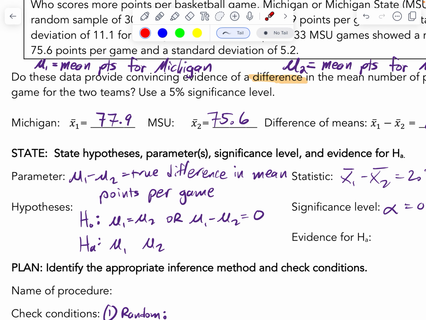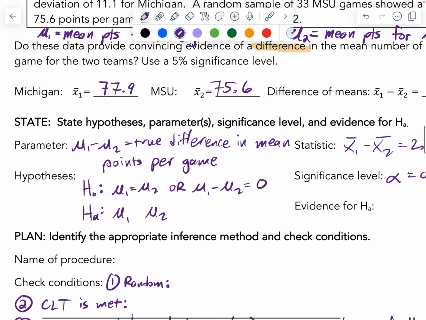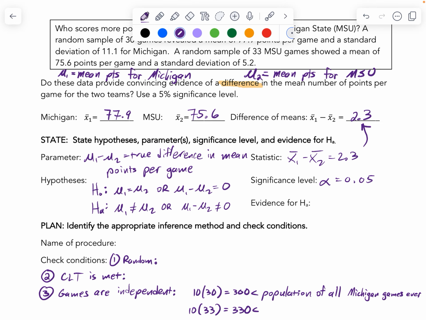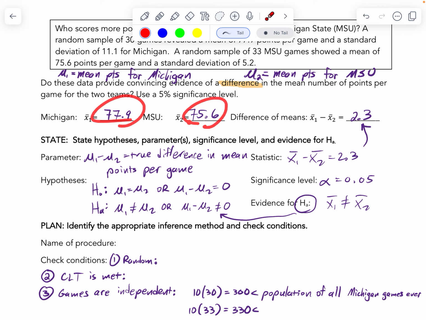It said, is there a difference? It didn't say, does Michigan score more? So I'm just going to say a difference. Or you could write mu1 minus mu2 doesn't equal 0. The evidence for my HA, like why I did that, I guess the evidence is that the samples are not equal, right? These are not equal. That's what I'm saying right there.